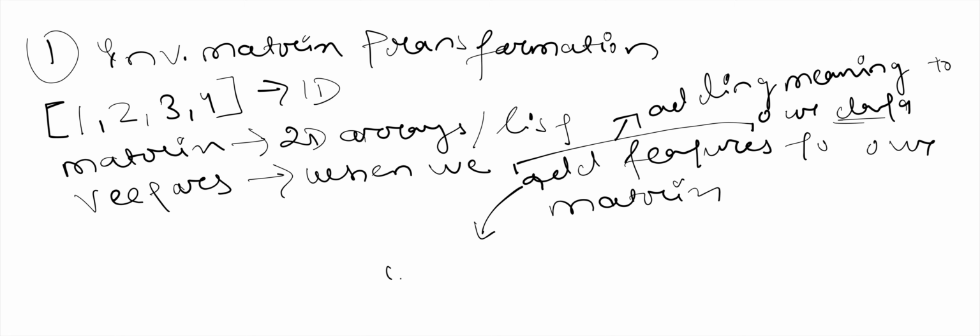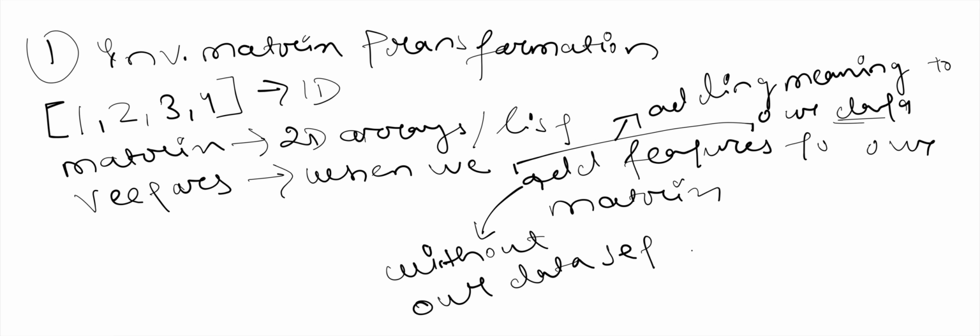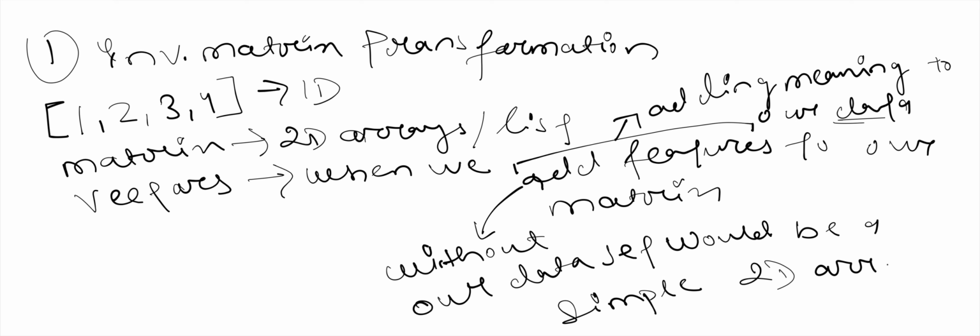Without this, our data set would just be a simple 2D array. That's it. No meaning, only numbers.